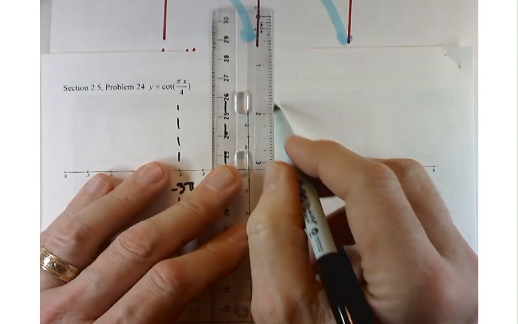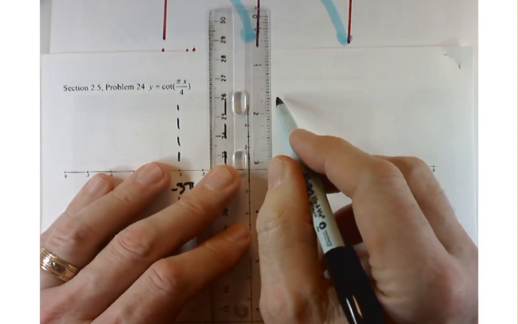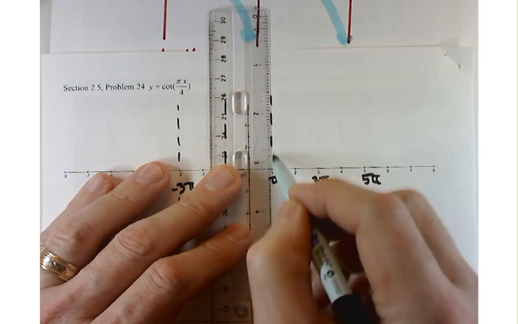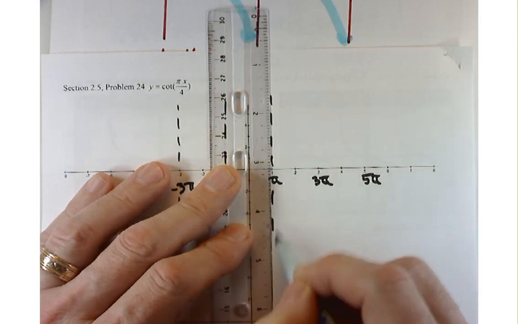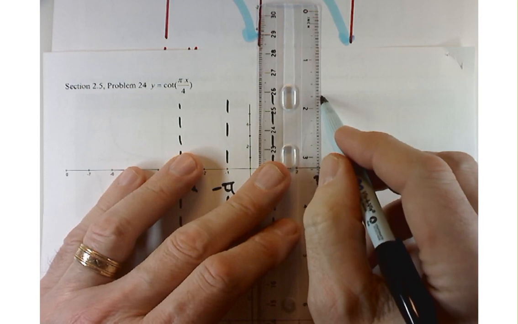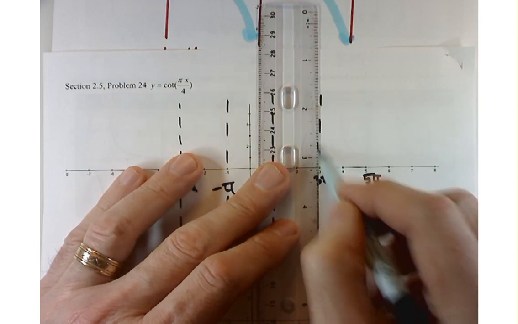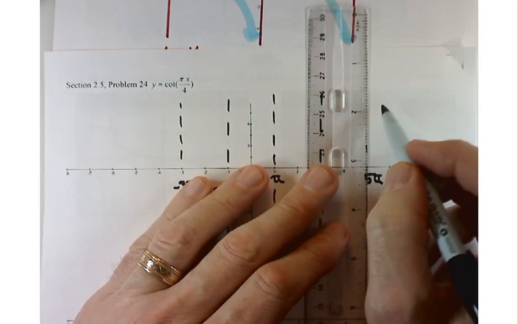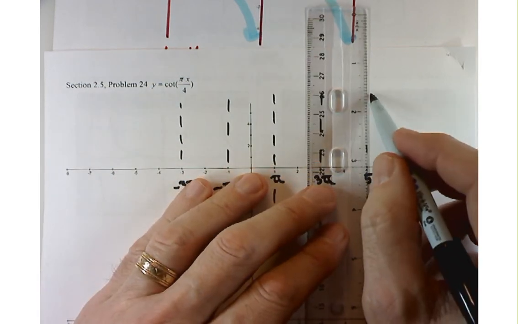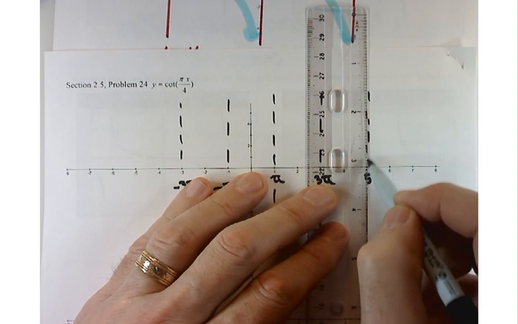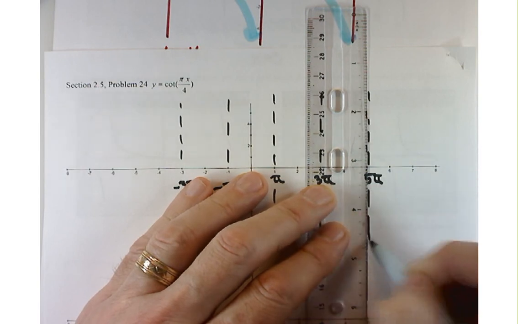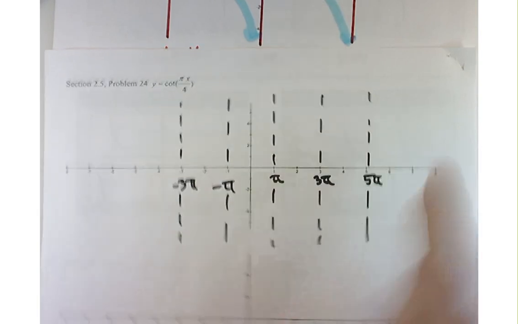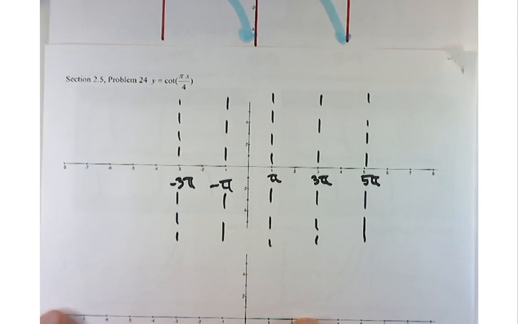And so on. Now I only need 2 periods of this, so I'll just draw a couple more of these. I'm not going to draw it for the whole graph. And this should be enough. The only thing left I've got to do is figure out the exact shape of these things.